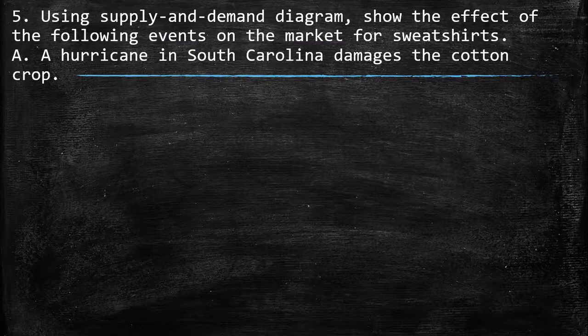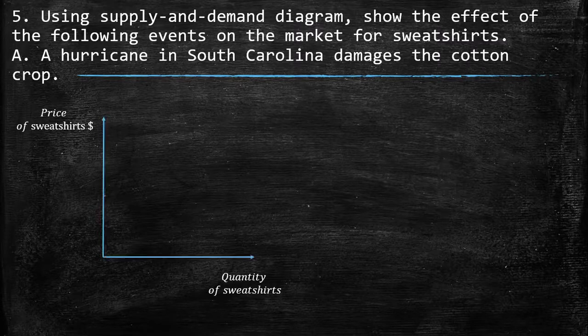The fifth point: using a supply and demand diagram, show the effect of the following events on the market for sweatshirts. A: a hurricane in South Carolina damages the cotton crop. So here we have the quantity of sweatshirts and the price. Here is the initial case.